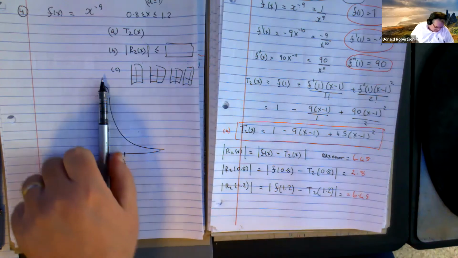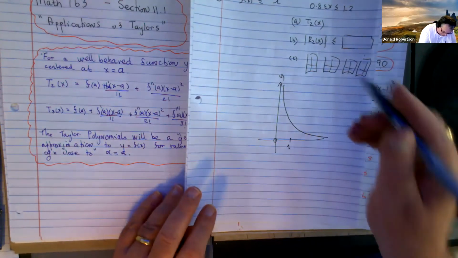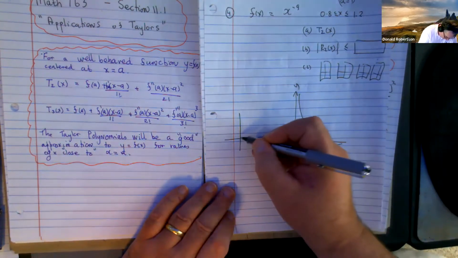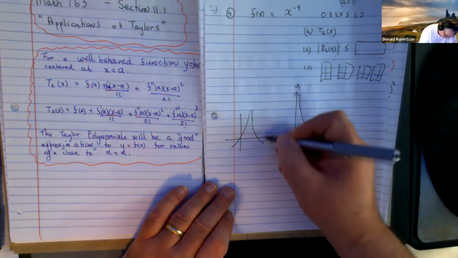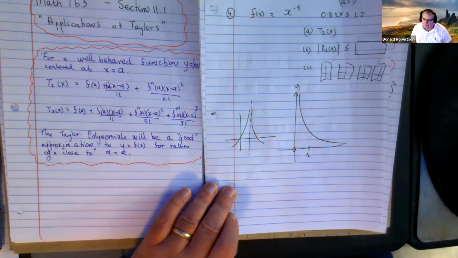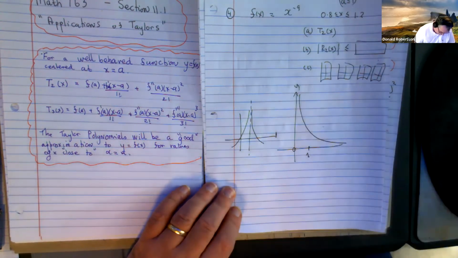Bad news. So there are actually 3 things that you should avoid ever doing a Taylor's on. Do not do any function that's close to a vertical asymptote. It's okay doing it way over here if it's miles away, but not close.